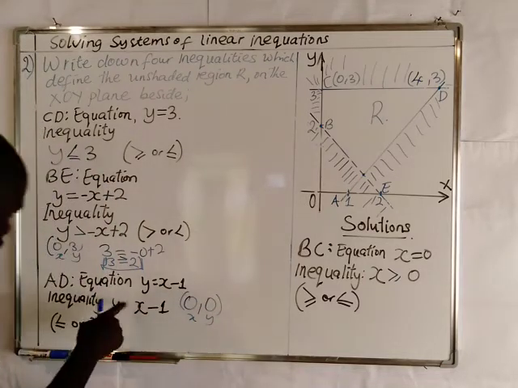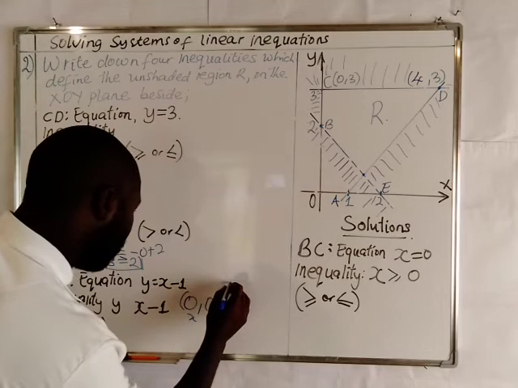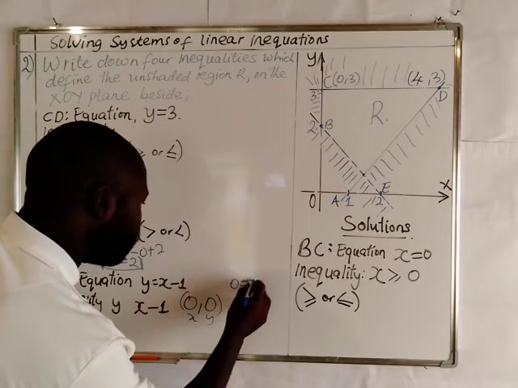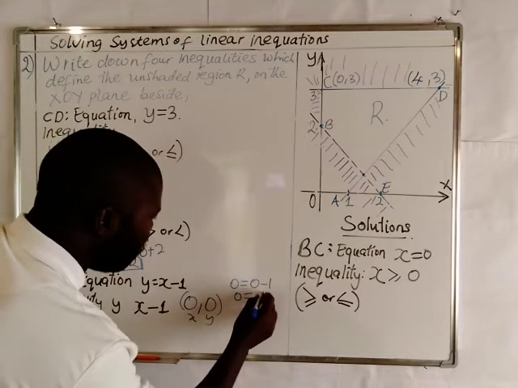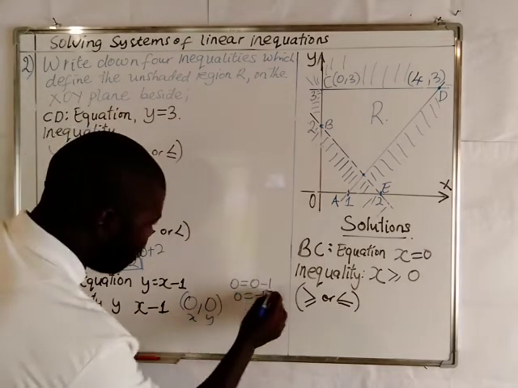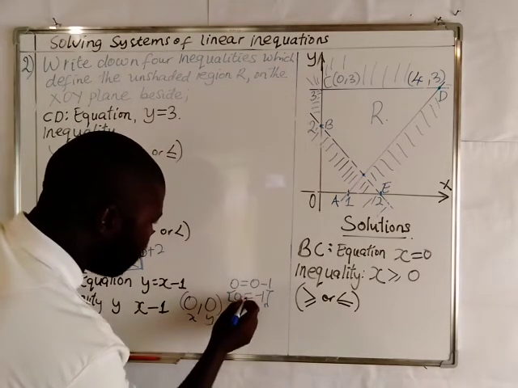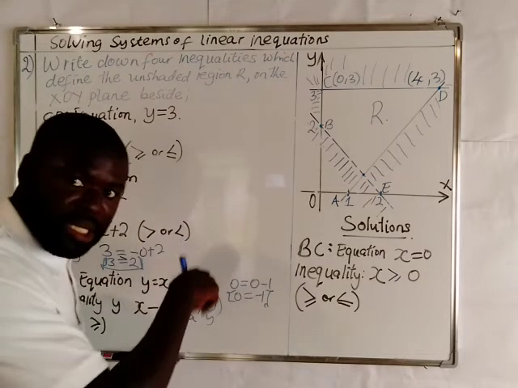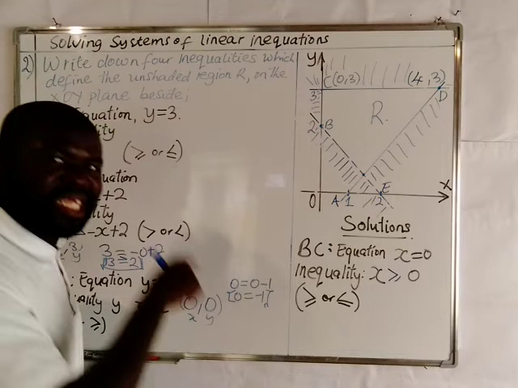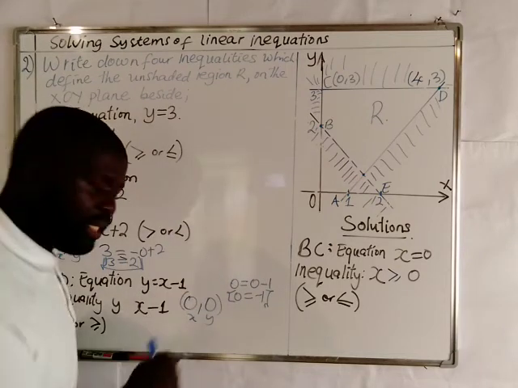Then I'll substitute into the equation, so that I'll have 0 equals 0 minus 1. Now this is not making sense, so I'll put an inequality here which will make sense, because the point of reference (0, 0) is in the wanted region, so it should make sense.